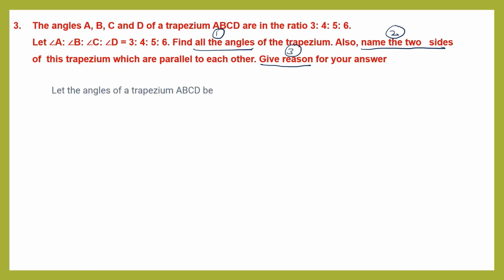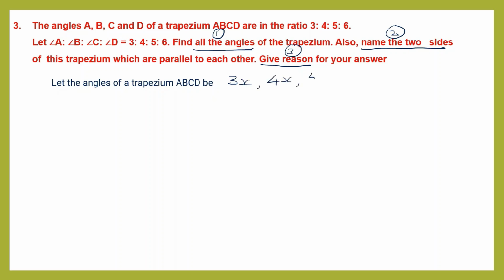So let's start by saying let the angles of the trapezium be 3x, 4x, 5x and 6x. So there are four angles in a trapezium, and these are the four angles, and we know that the sum of the interior angles will always be 360 degrees.